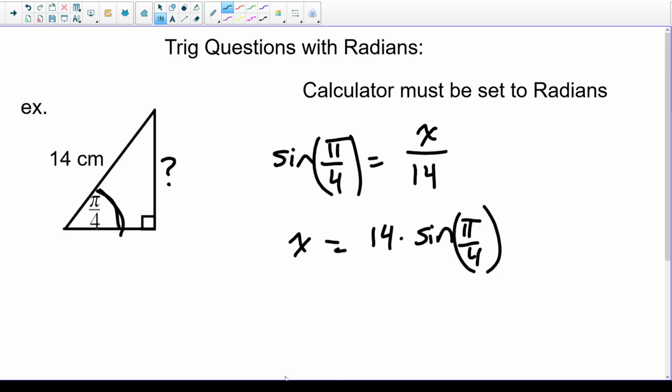I'm just going to do this off to the side. If you have a calculator, you can try it with me. My calculator is already in radians, so I'm going to do pi, which is 3.14, and so on, right? I'm just pressing the pi button, divided by 4. And then I'm going to sine that. And that gives me 0.7071.